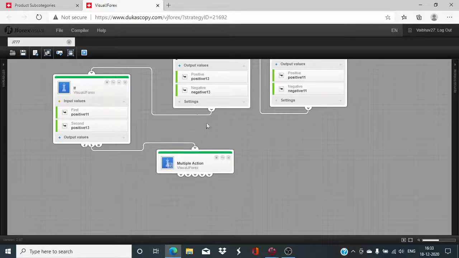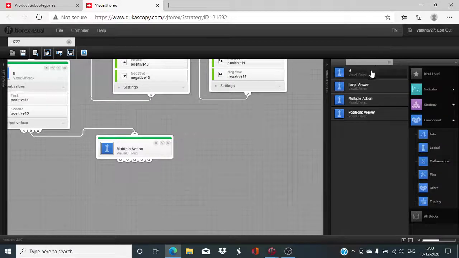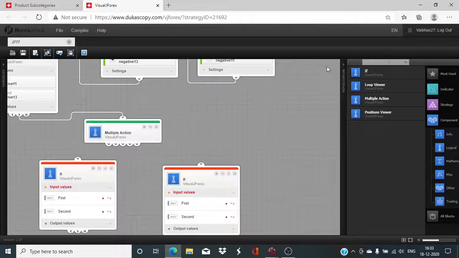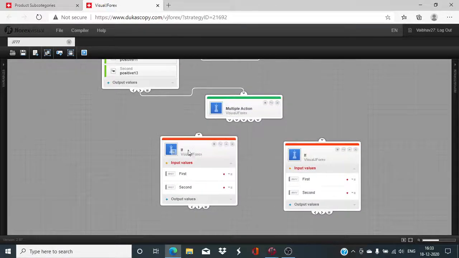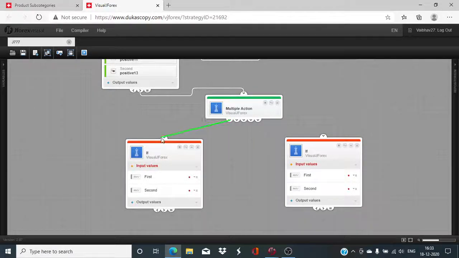And here, if this condition is fulfilled, you want to check for other conditions, or suppose for example you want the trade to execute provided another condition is fulfilled, so you can add two further if blocks and provide the flow you want.